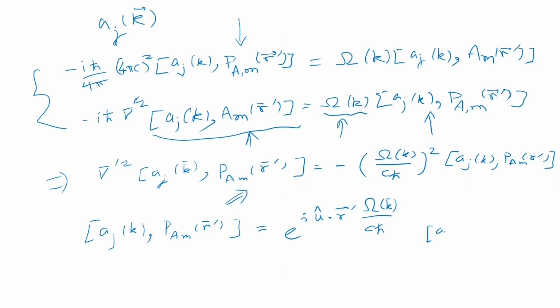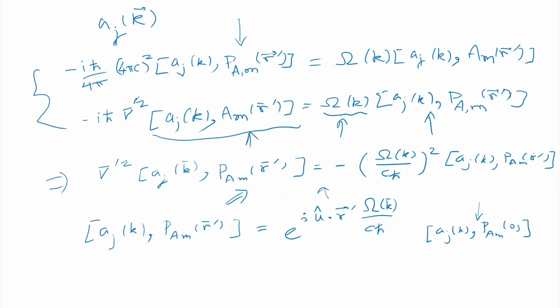Times the value of this at r dash equals 0, if you wish. This is the integration constant, and this is clearly a simple solution of this, and we are going to stick with this solution. Notice that u cap is an arbitrary unit vector, which we'll have to fix later.